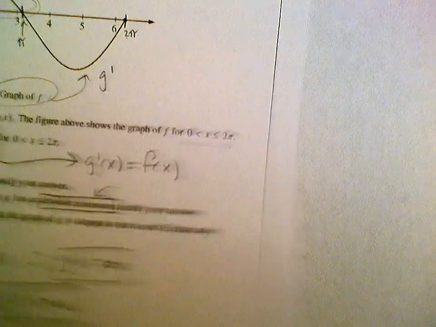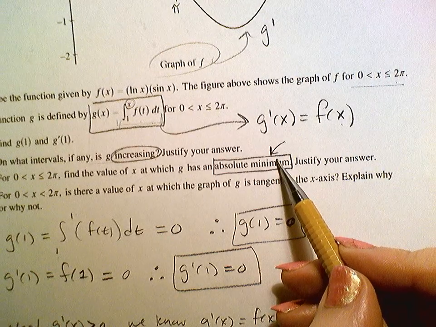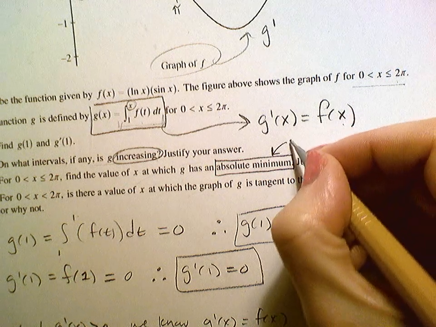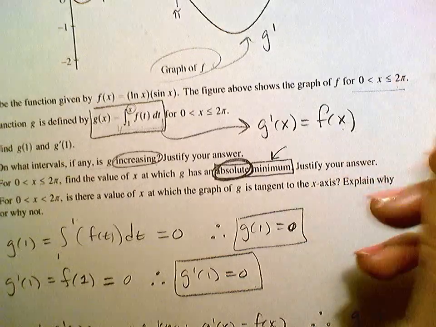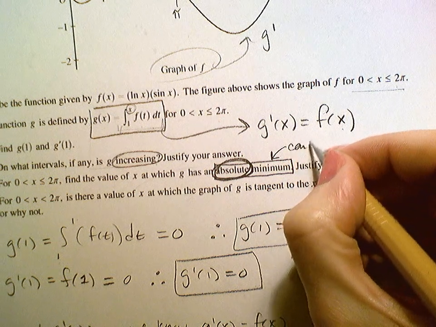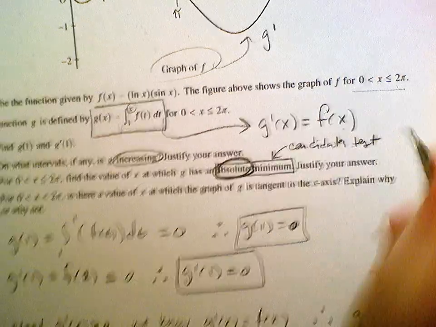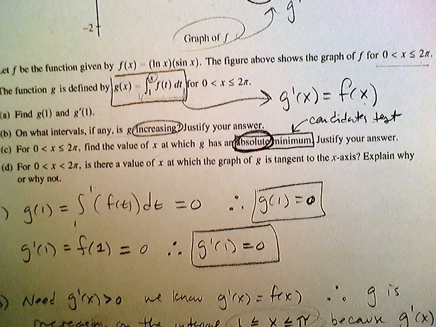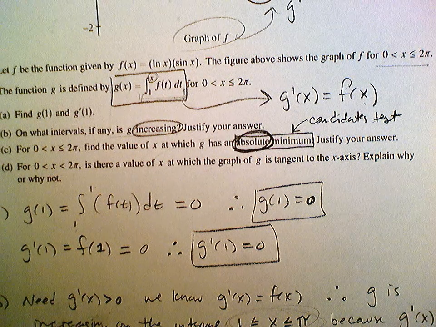All right? However, when you hear the word absolute, this word absolute means you have to do what's called the candidates test. And this comes up a lot in the free response sections.